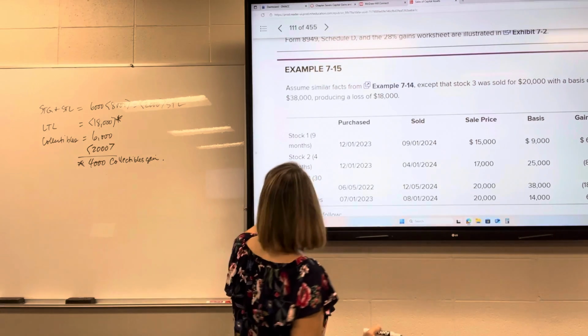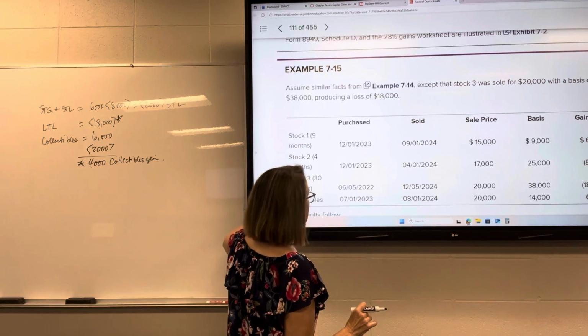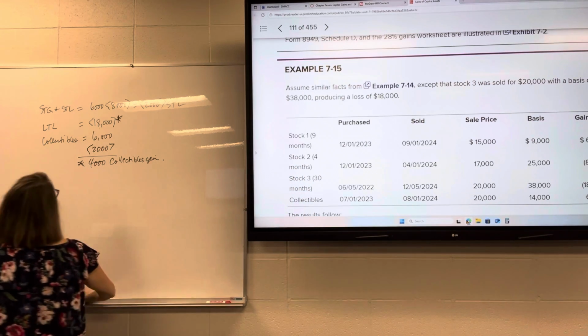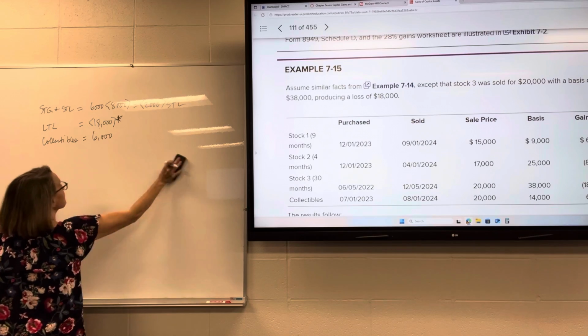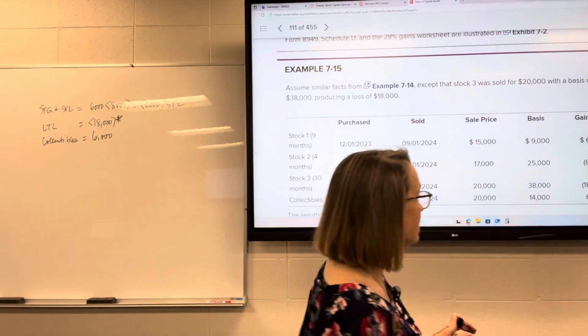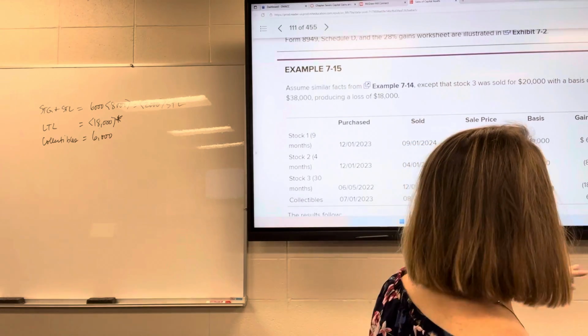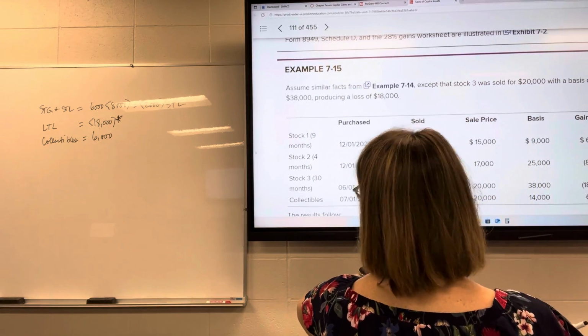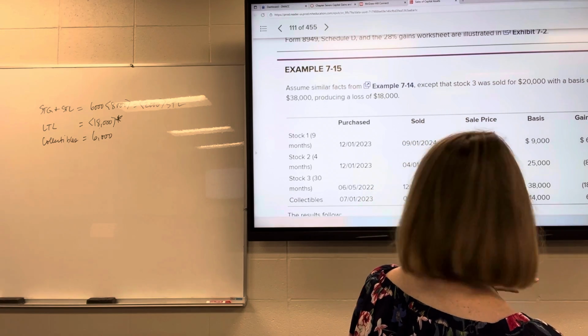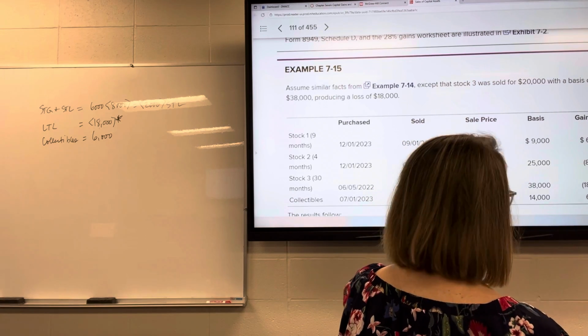Anything different there? All right, and our collectibles is still $6,000. So this is our scenario here. So now we've got a long-term capital loss, and a short-term capital loss, and a collectibles gain.